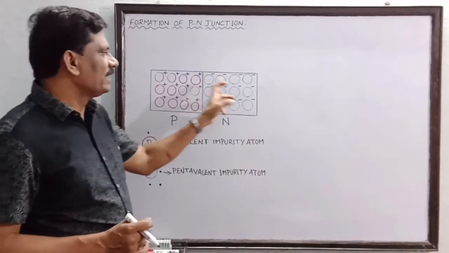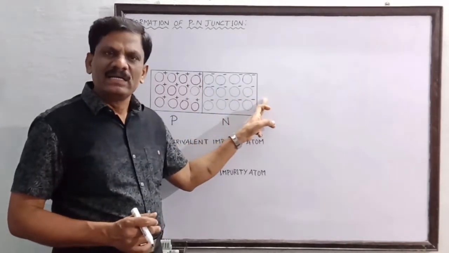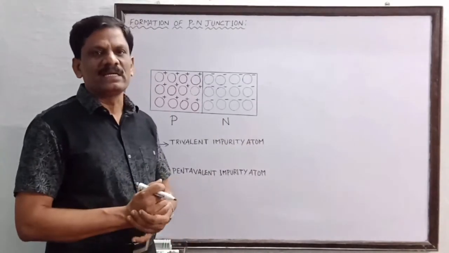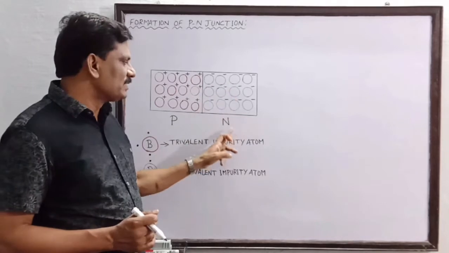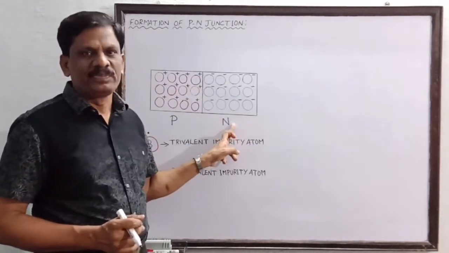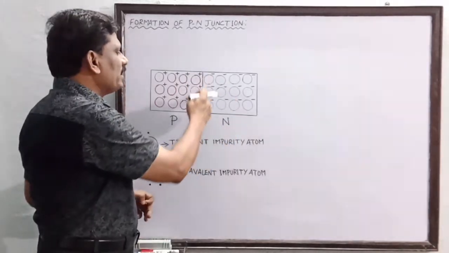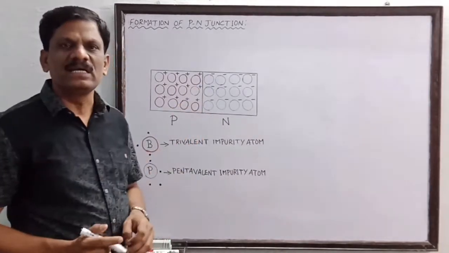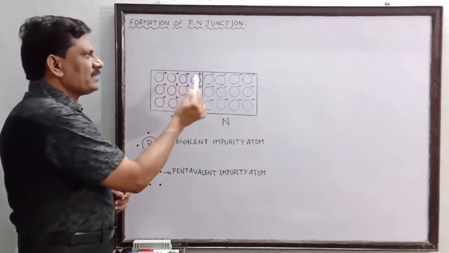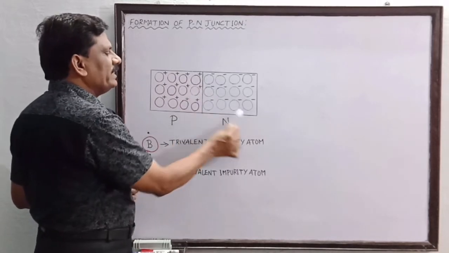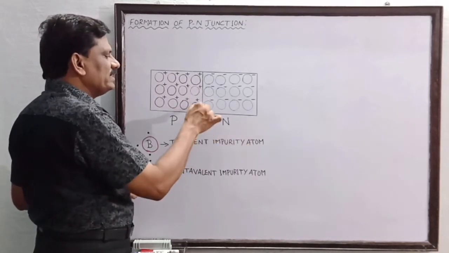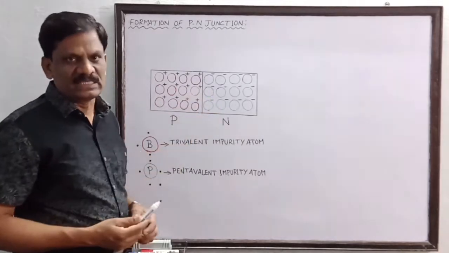On the other side of the pure semiconductor, pentavalent impurities can be doped, so that it forms an N type semiconductor. So the common region of contact is called the junction. My dear students, this is the meeting point of the end of the P region and the left end of the N region. This only is called the junction.